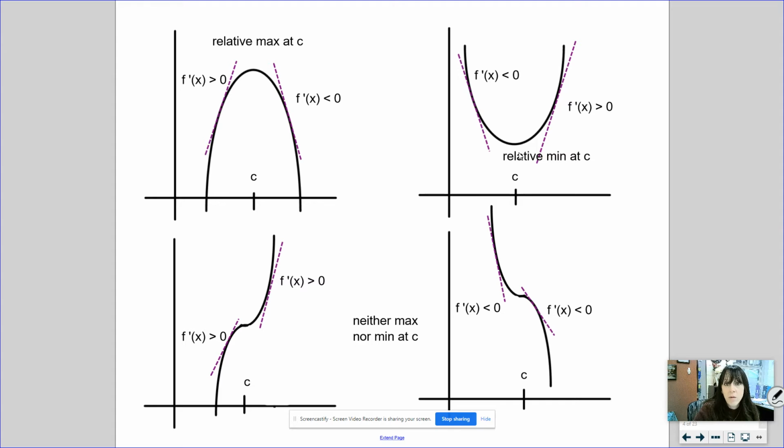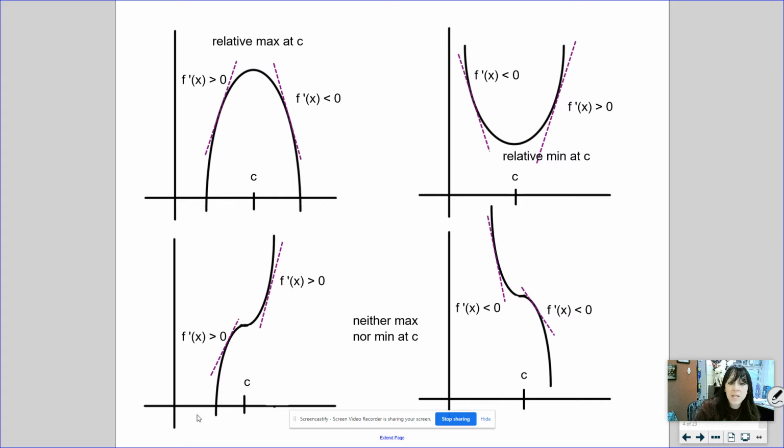What's going on here in the middle? That's a minimum, right? If you're going down and then up, you have a minimum in between. If your function goes from increasing to decreasing, what's happening in between is you have a maximum. You follow me? Now, it's possible you could have a function that's increasing and then increasing more, which means you would have no max or min.